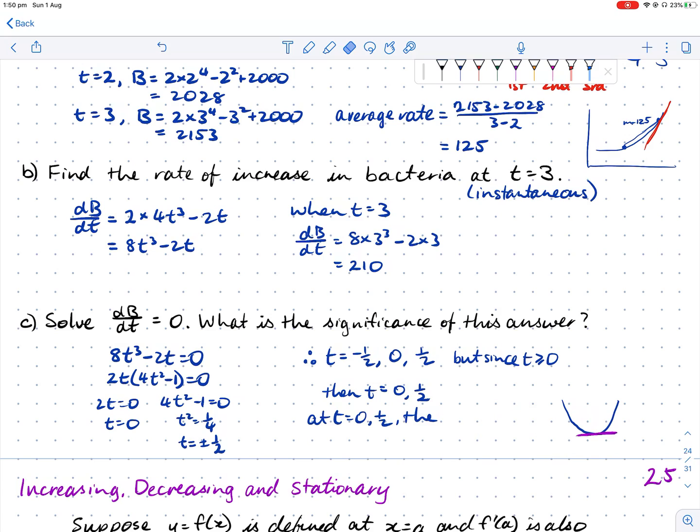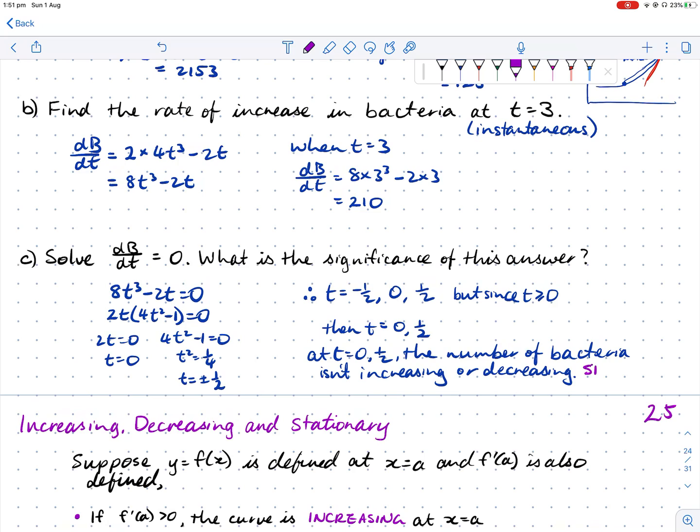let me just wipe off these, the number of bacteria isn't increasing or decreasing. Now, a really important word that we use for that is we say that it's stationary.